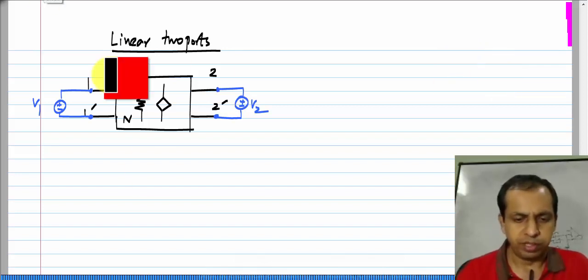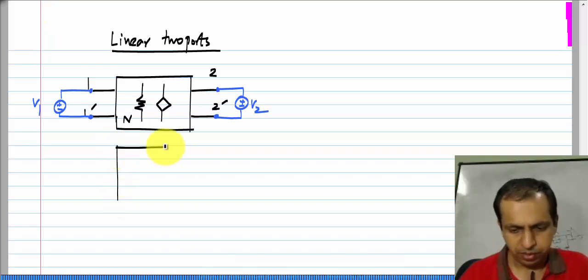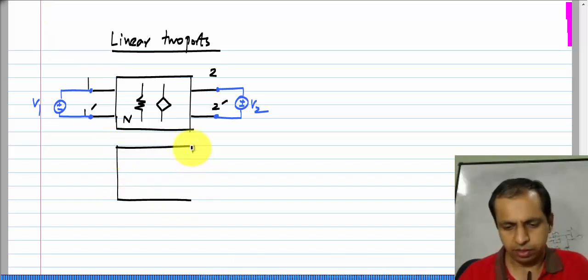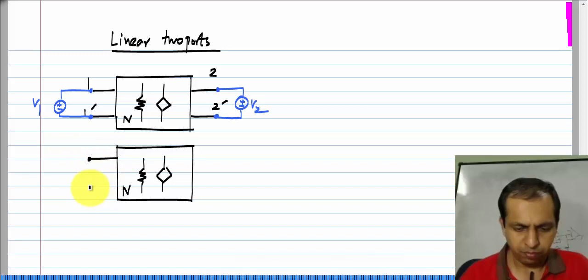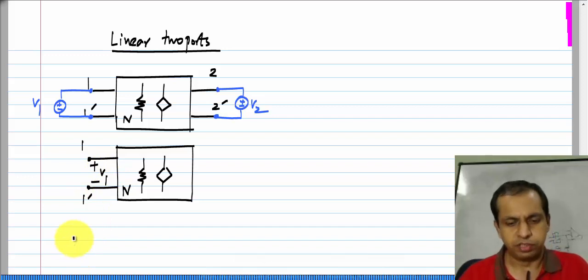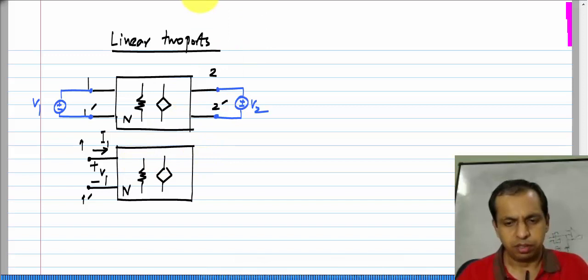So, what I will do is, first let me define the currents and voltages as seen from outside. V1 is defined this way and I1 is defined as going into the terminal which is defined to be positive for V1.